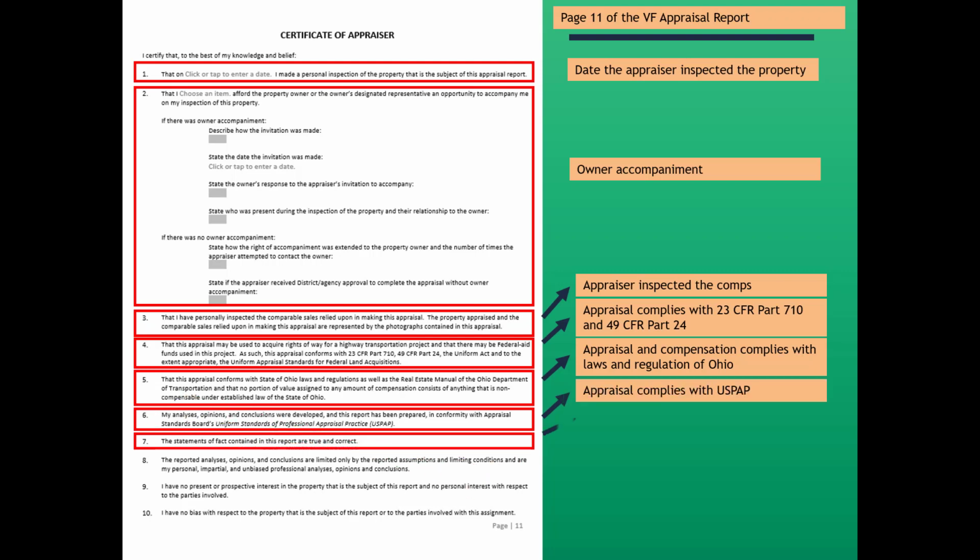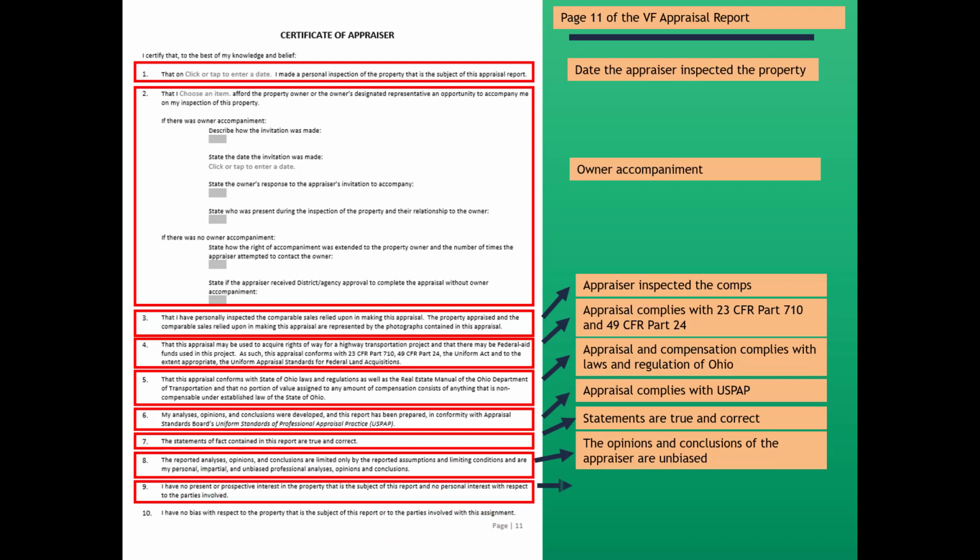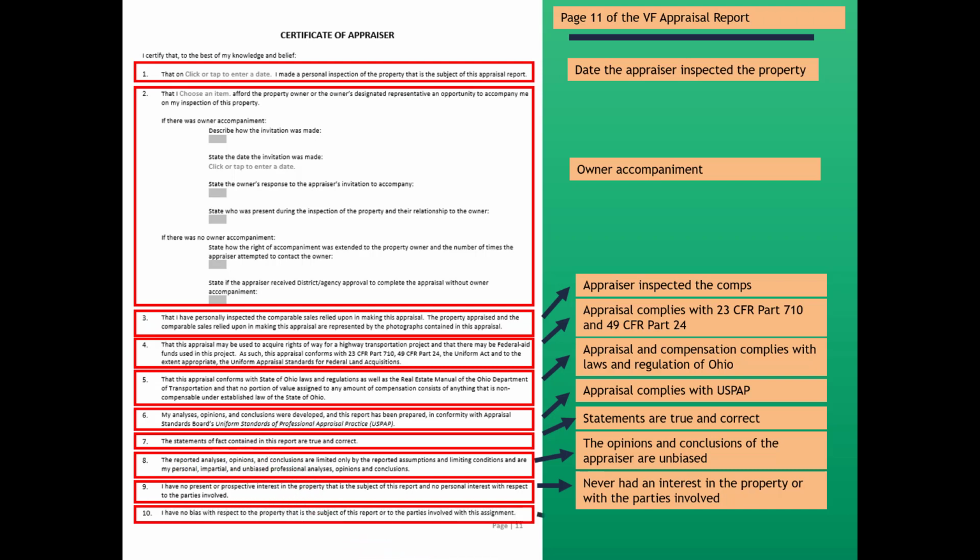Number 7, that the statements in this VF are true and correct. Number 8, the opinions and conclusions of the appraiser are unbiased. Number 9, the appraiser can never have had an interest in the property or with the parties involved. Number 10, the appraiser has no bias with the property.